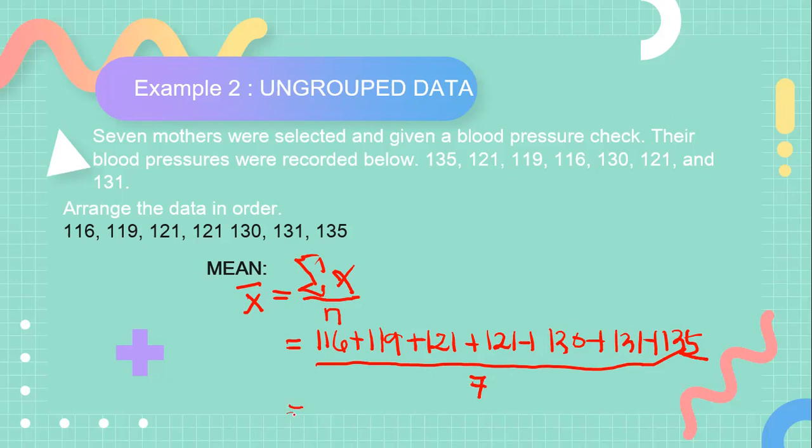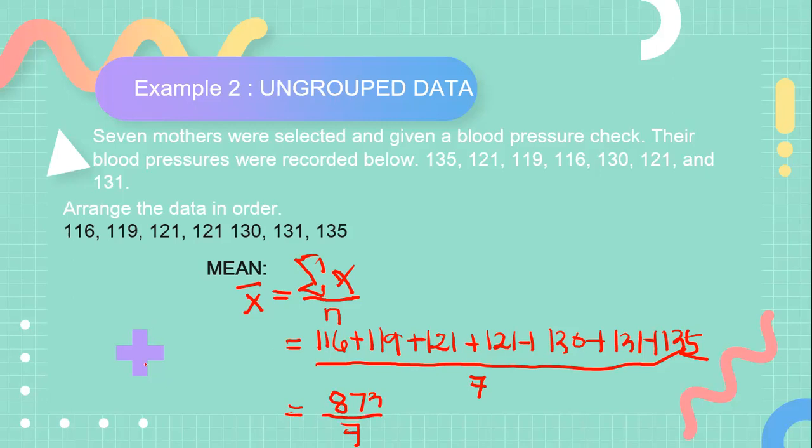Now, we add them, class. We add to get the sum of our data. So it is equal to 873 divided by 7.